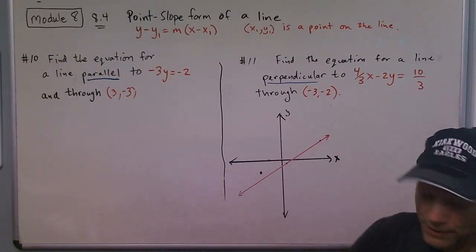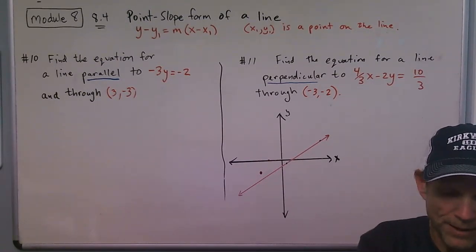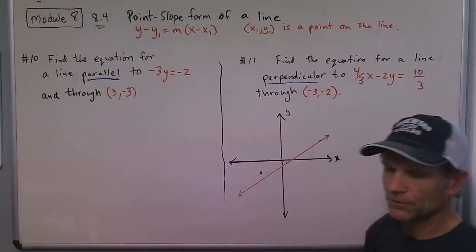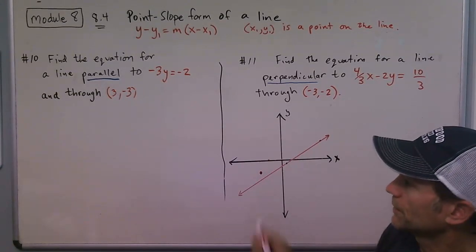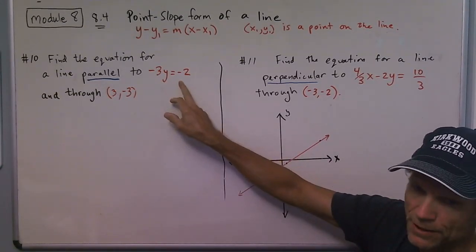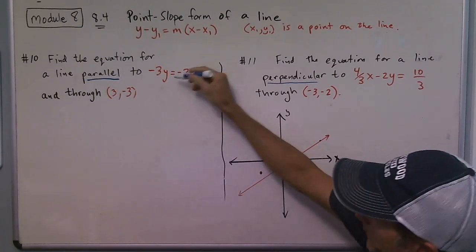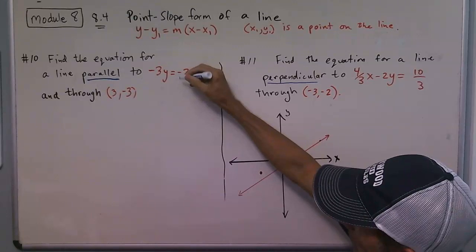So this one, again, similar to number 9, having some knowledge of horizontal and vertical lines is super helpful, because when I spot this right here, I already know this is a horizontal line. I don't see an x value here, so I know this is horizontal.